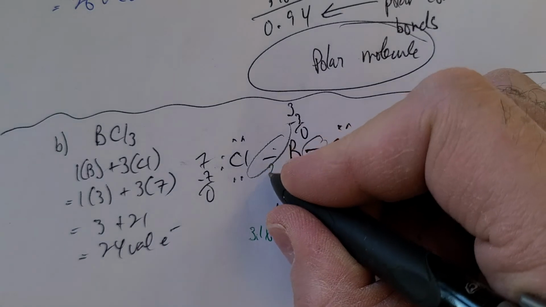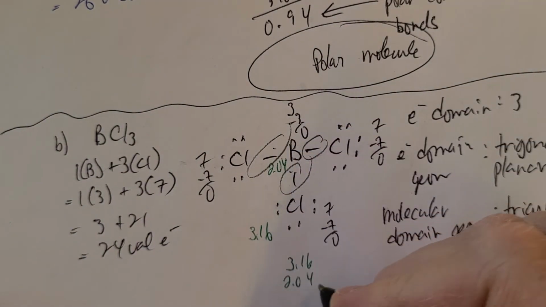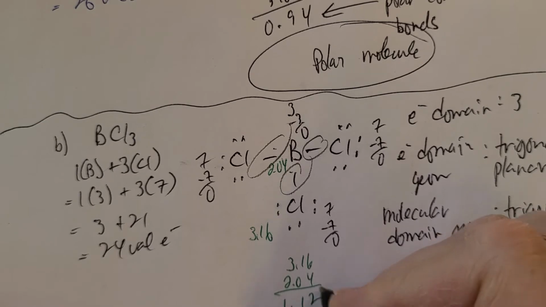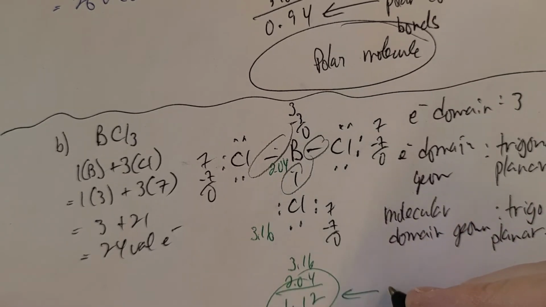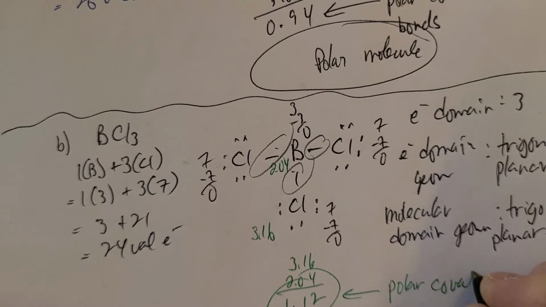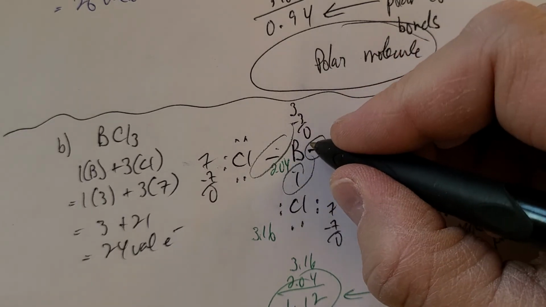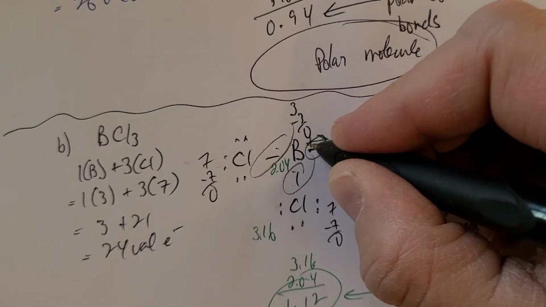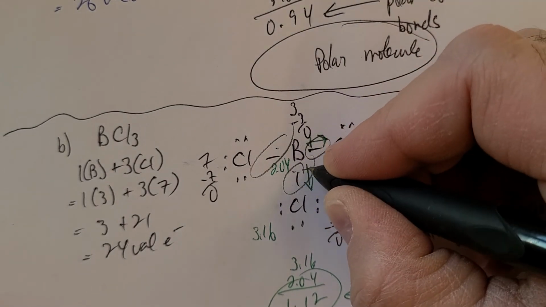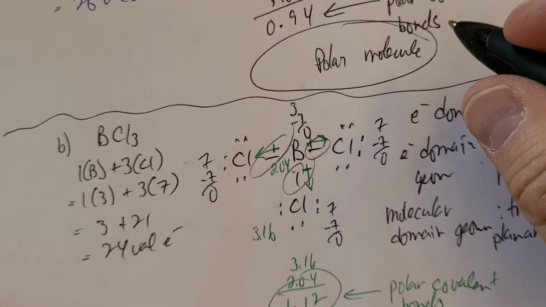Ooh, that's a big difference, isn't it? So those are definitely polar covalent bonds. So we do have a pull in this direction, we do have a pull in this direction, and we do have a pull in this direction.